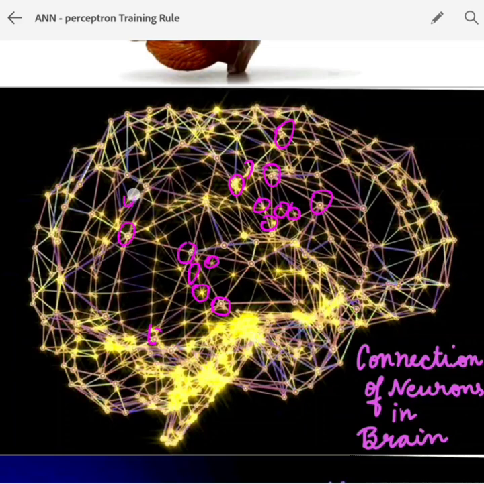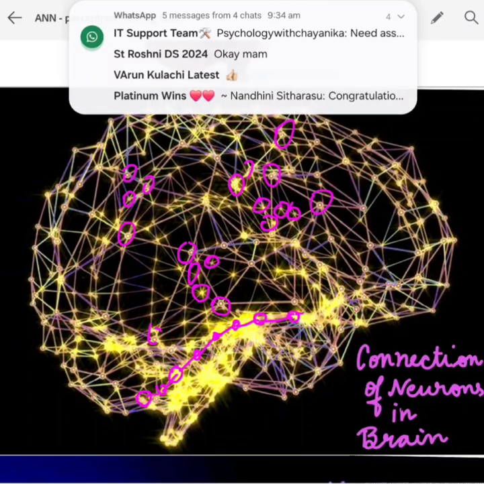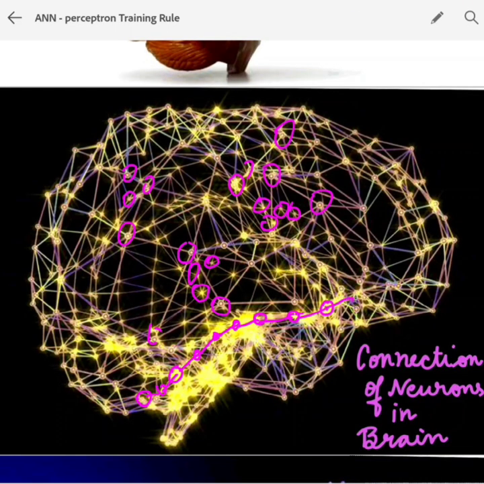When we make some decision, there is a certain set of neurons in a connection that get active. When all those neurons get active, we are making a certain decision in our mind. So when we are thinking about something and making some decision, neurons become active in a path.